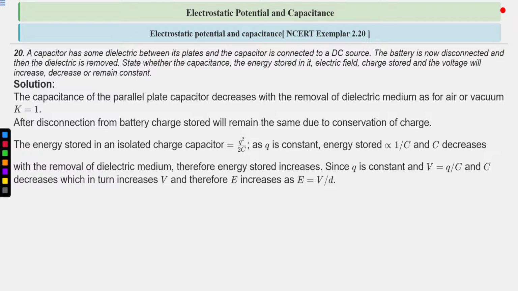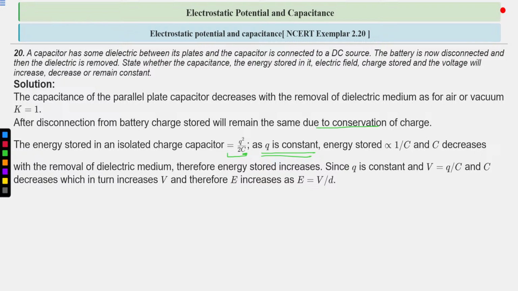This is the formula for energy. Since Q is conserved, the energy depends upon the capacitance, and energy stored is inversely proportional to the capacitance only, because charge is conserved.